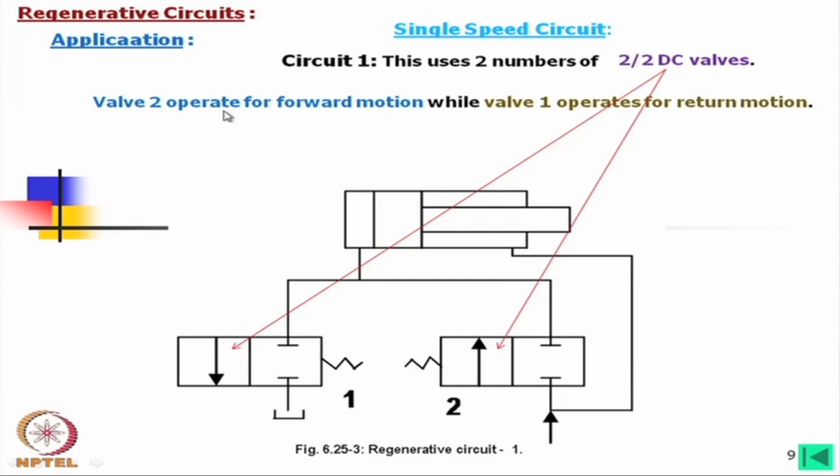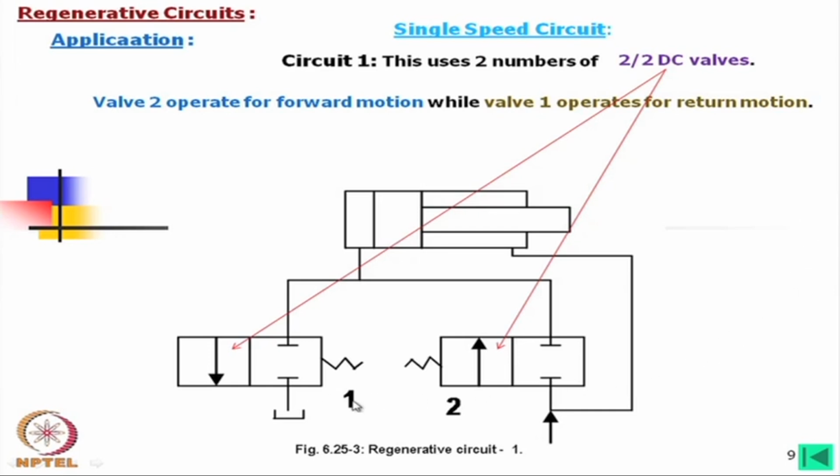Valve 2 operates for forward motion and valve 1 operates for return motion. Let us say valve 2 is engaged, that means the flow is going like this. This is closed. So, this means that oil is being mixed, only regenerative.